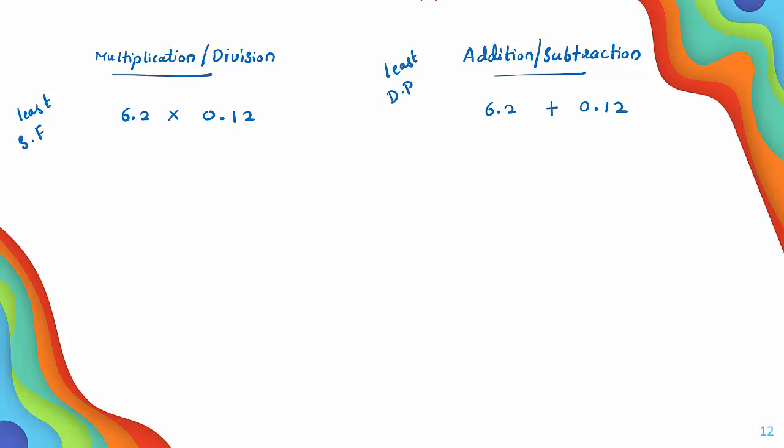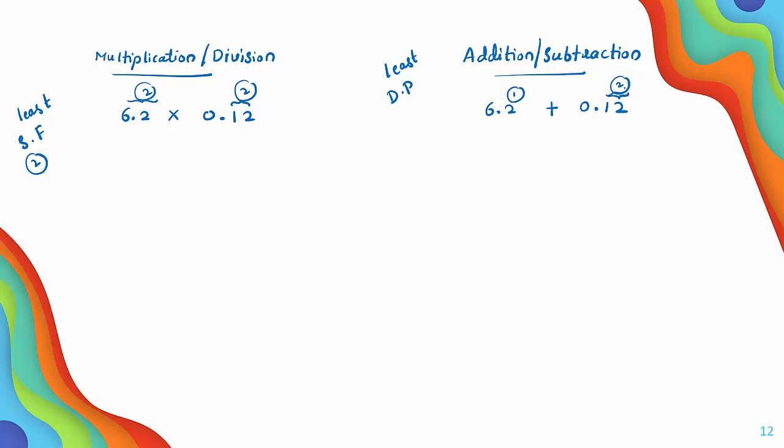Now, here in multiplication, you can observe how many significant figures are there in the first number. There are 2 significant figures. In the second number, again there are only 2 significant figures. So the final result should have only 2 significant figures. In addition and subtraction, after the decimal point, we have to observe: there is only 1 decimal place in the first number, but here there are 2 decimal places.